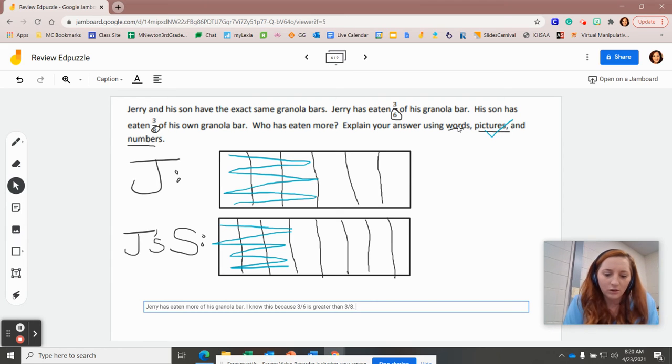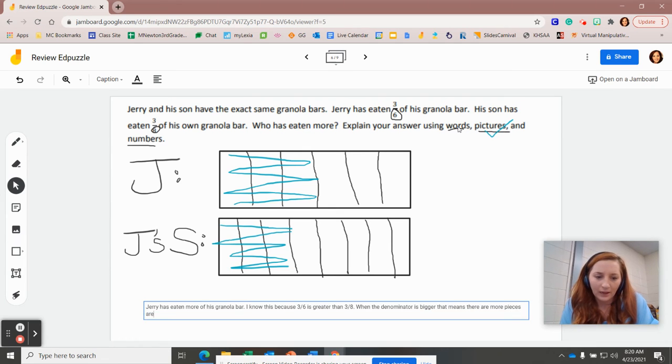You can talk about how when the denominator is bigger, that means there are more pieces and the pieces are smaller. Our numerator is the same, so I knew Jerry ate more.